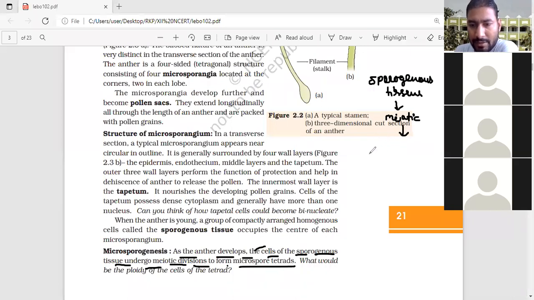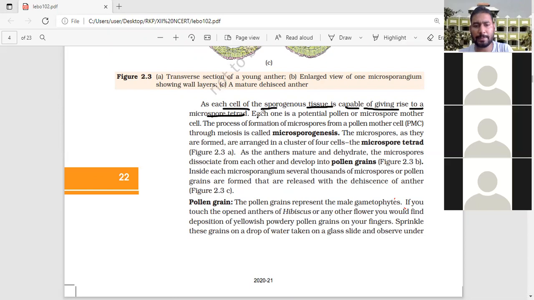It will form the microspore tetrads. Very good. These microspore tetrads are filled with PMC, pollen mother cells. Sporogenous tissue undergoes meiosis and forms the microspore tetrad.